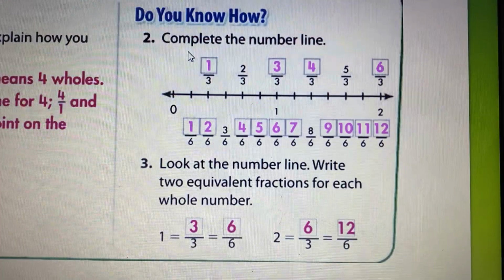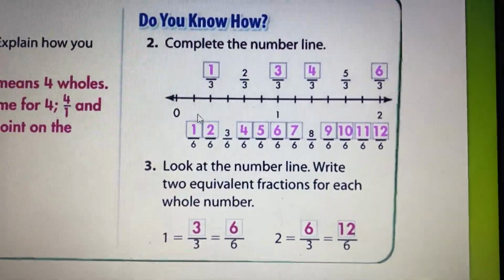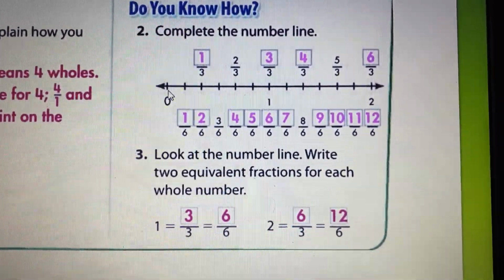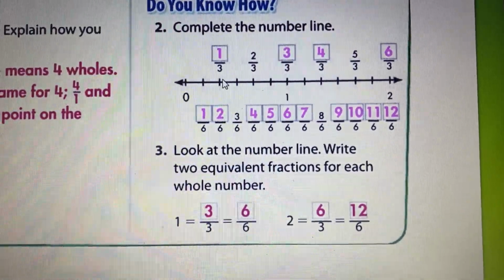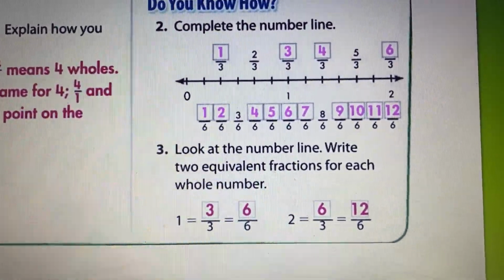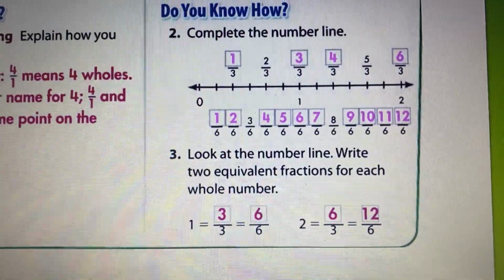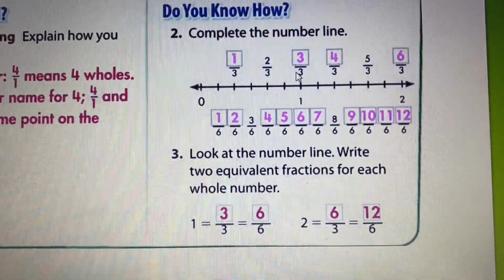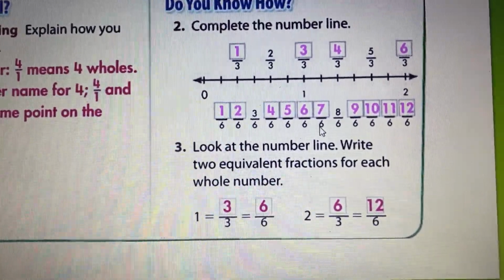Let's complete the number line here. First, we can see that they divided the number line into two different parts: into 3 equal parts and into 6 equal parts.